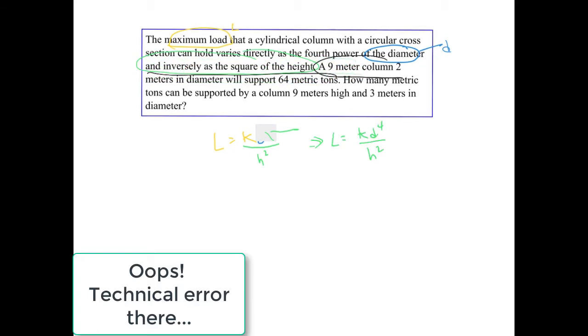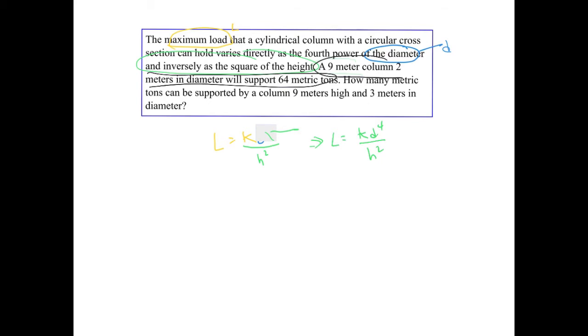A column 2 meters in diameter and 9 meters in height will support 64 metric tons. Trying to find K, that's going to give me something kind of big.